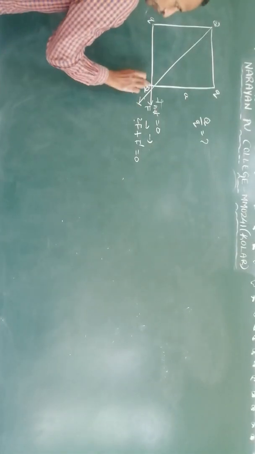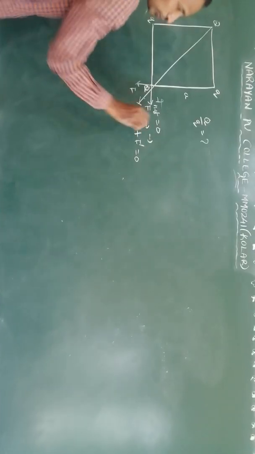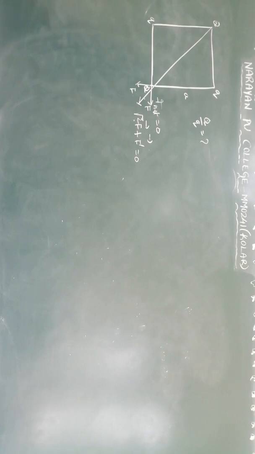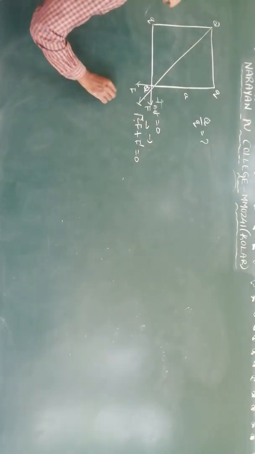So when these two are perpendicular, net force is not 2F, it is root 2F. If you follow the resultant formula, under root A square plus B square plus 2AB cos theta. Clear? Forces are equal. Okay, F square plus F square plus 2F square cos 90 is 0. So we have root of F square plus F square, root of 2F square. So root 2F.